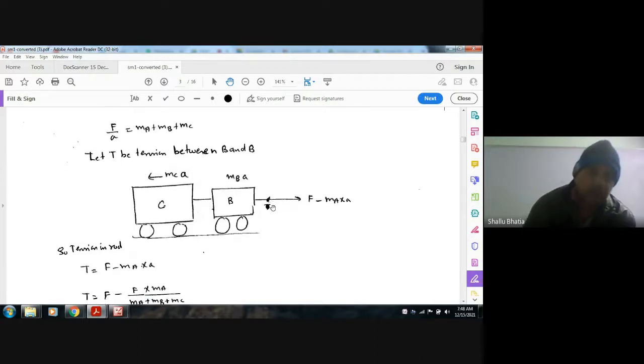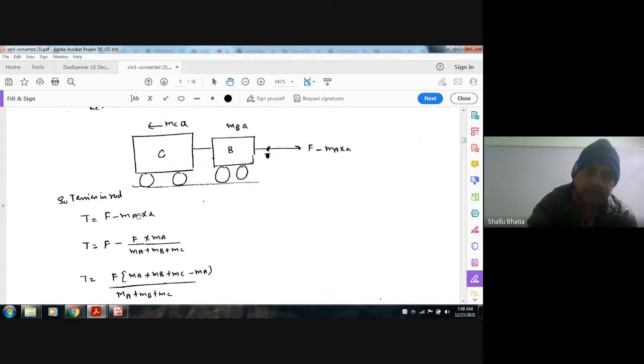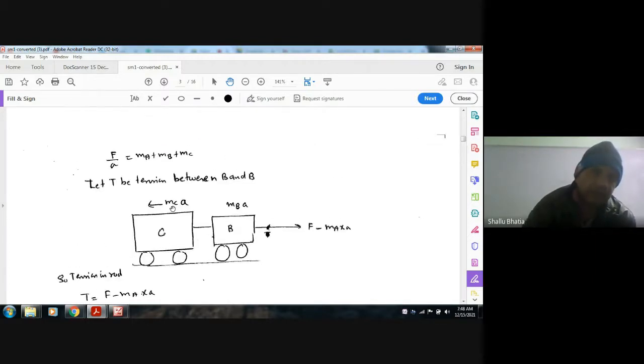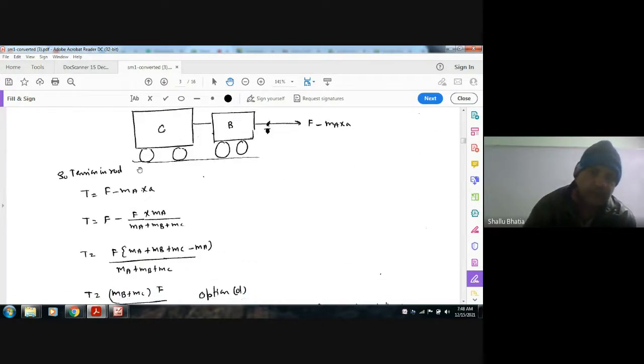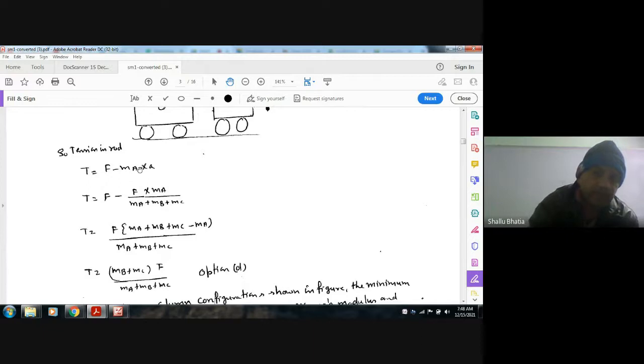So T is equal to F minus MA into a. Now if we put the value of a from here, it will be MA divided by the summation of this. Now take F common. So MA plus MB plus MC minus MA is equal to MB plus MC, giving F times MB plus MC divided by MA plus MB plus MC. Option D is the right answer.